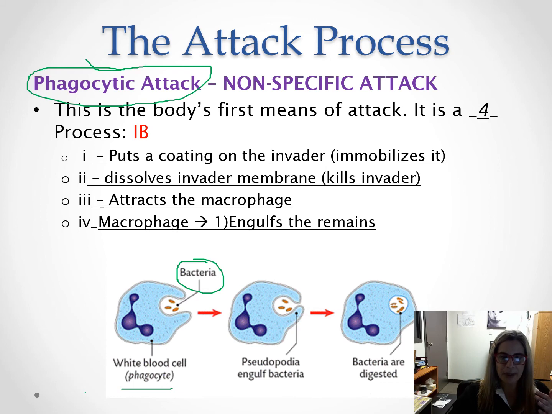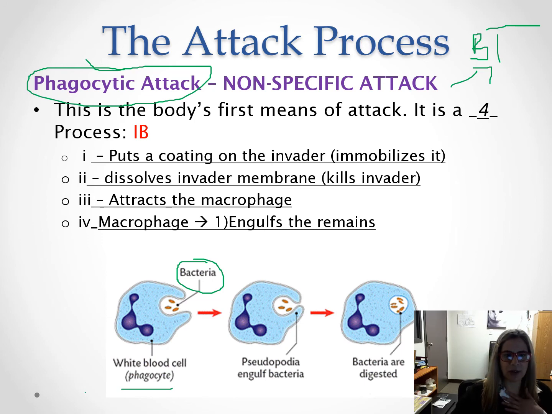And when that happens, then the lymphocytes get involved. Okay, so if the macrophages are overwhelmed, then the B and the T cells get involved, and we start to do that antibody-mediated attack.